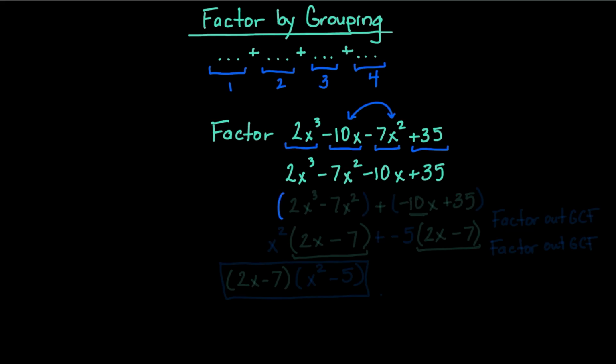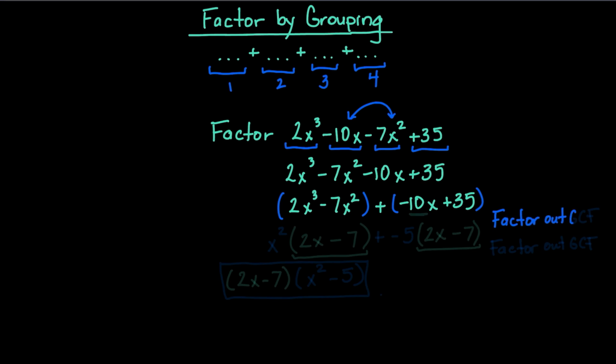I'm going to group together my first 2 terms and my last 2 terms. Notice the 10x is negative, so that negative should reside inside the grouping with the 10, not outside of the grouping.